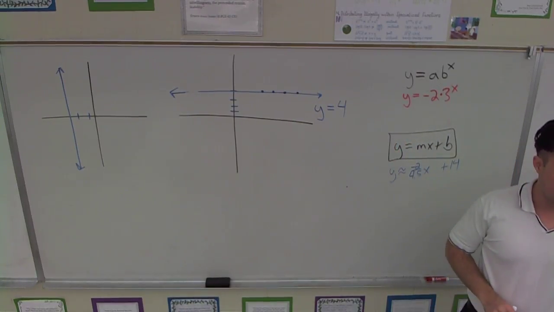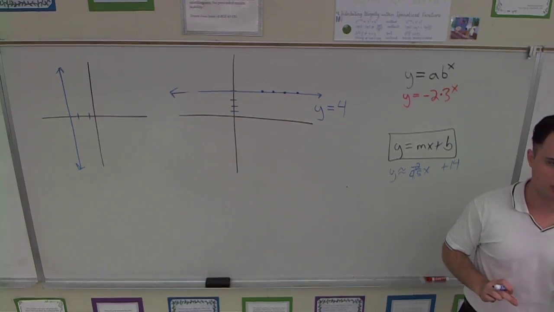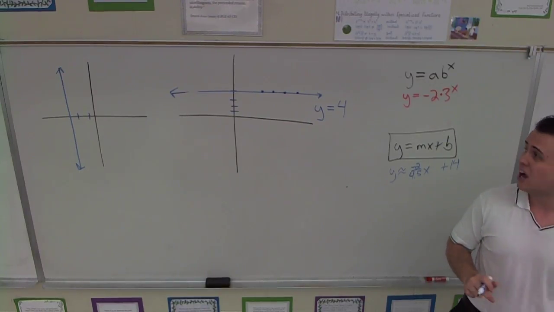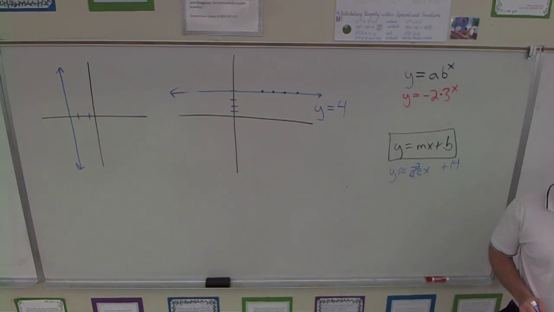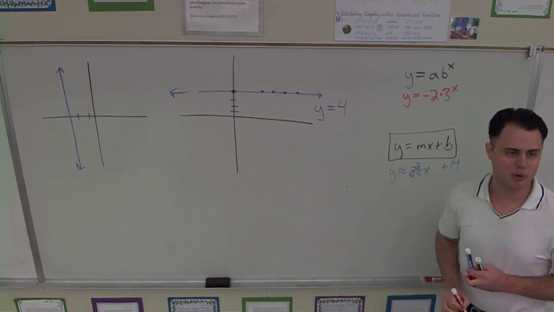Because no matter what, any point with a y-coordinate of 4 will be on that line. That's its only constraint, its only limitation to be a point on the line. If that makes sense to you guys. I think that actually satisfies mx plus b too, but I like to think about it differently, okay? It's up to you. What's the y-intercept? 4. What's the slope? 0.